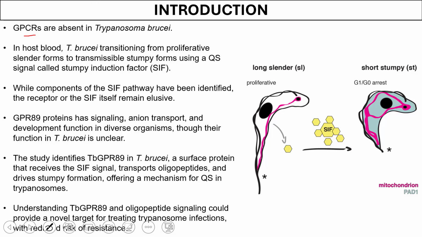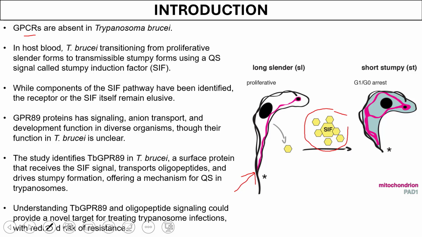Now we know that when trypanosomes are in the blood of their host, they are usually in the long, slender form. This form divides very actively and causes the pathology in the host. Then some material is present in the environment which is not clear where it comes from.